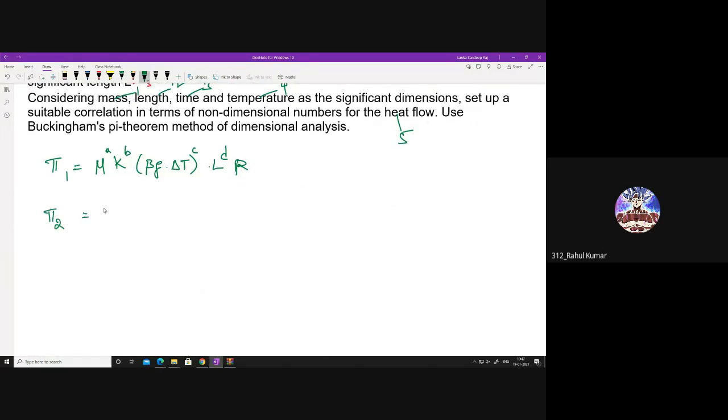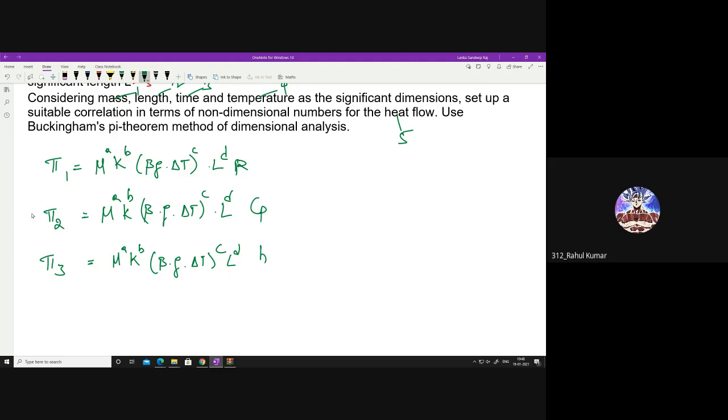And the pi 2 term is mu, k, beta G delta T, L. This is again a core group with A, B, C, D. And the remaining is pi 3: mu, k, beta G delta T to the power C, D, E, A, L also should be here. This is the core group I have written in pi 2 and pi 3. Here you will have Cp coming up, and here you will have h coming up.